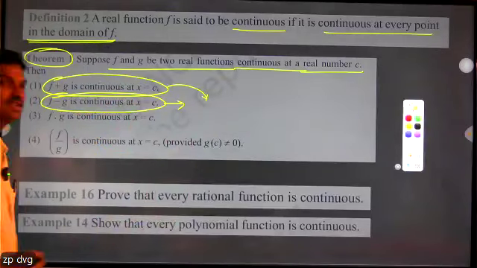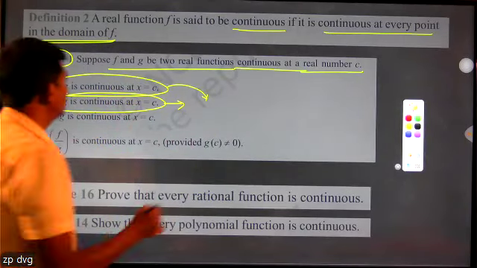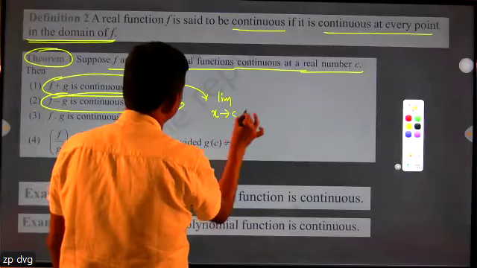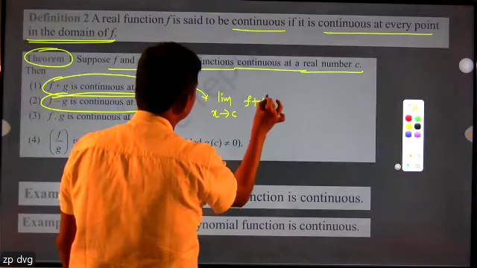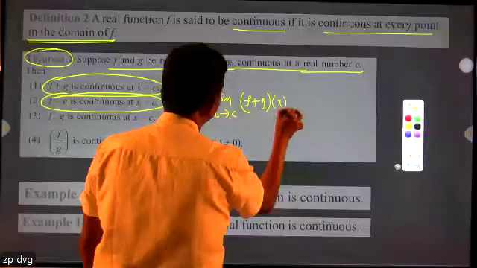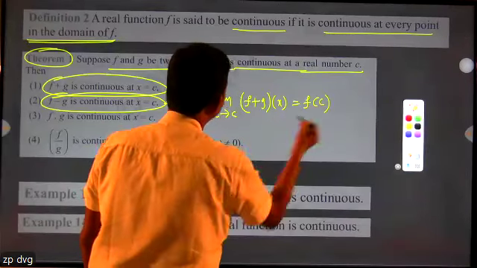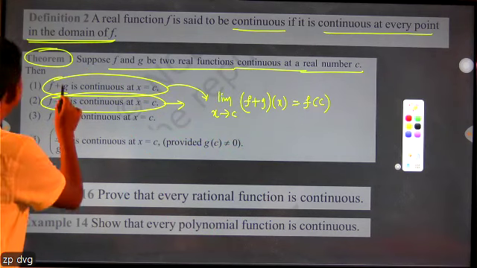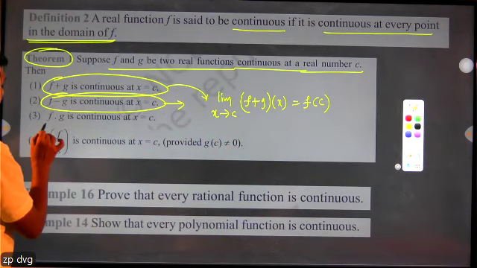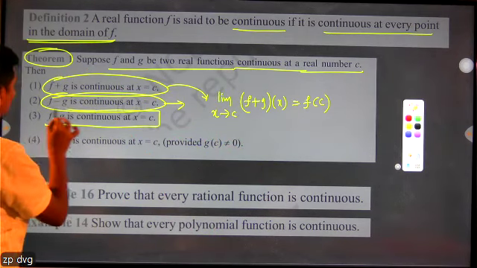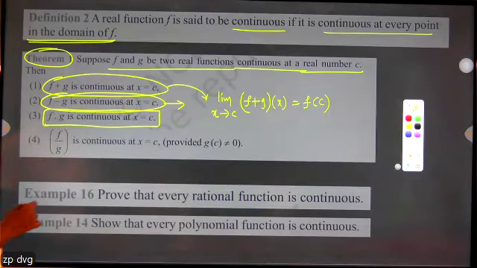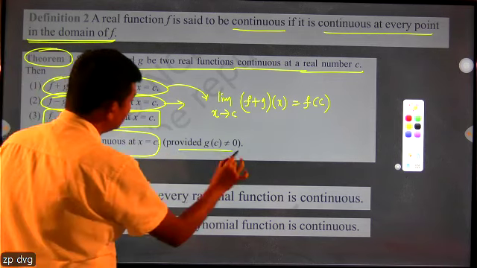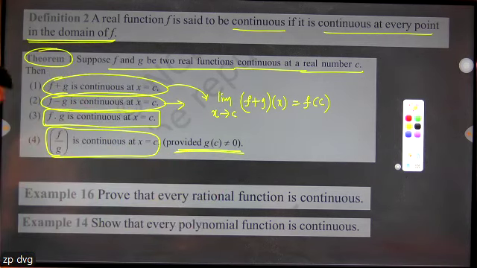Here the limit as x tends to c of (f plus g)(x) equals (f plus g)(c). If this holds good, then we say that f plus g is continuous at c. Similarly, if f and g are two functions continuous at c, f into g is also continuous at c, right? f by g is also continuous at c, and make sure that g of c is not equal to 0, right?